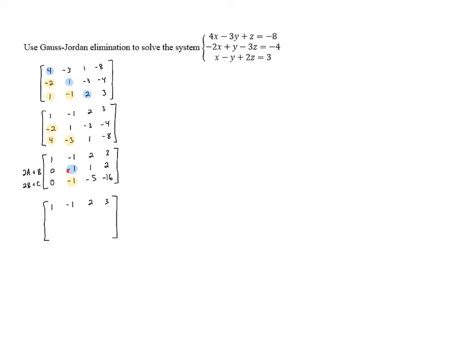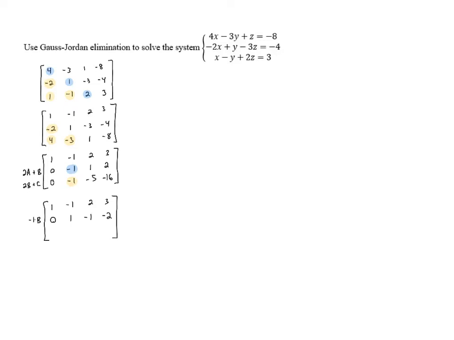For the second row, to change this -1 into a +1, we just need to multiply this row by -1. So we're going to have -1 times row B. When we multiply those entries by -1, we get 0, +1, -1, and -2. Now we can focus on changing this -1 to a 0.